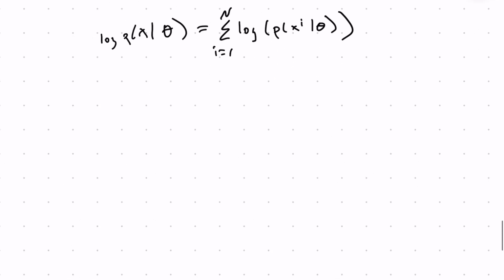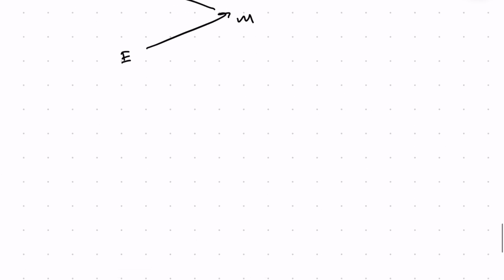So expectation maximization is iterative, and it involves two steps that build on each other. So you do the E step, and then you use that to do the M step, and then you use that to do another E step, and then you use that to do another M step. And you'll see what I mean here.